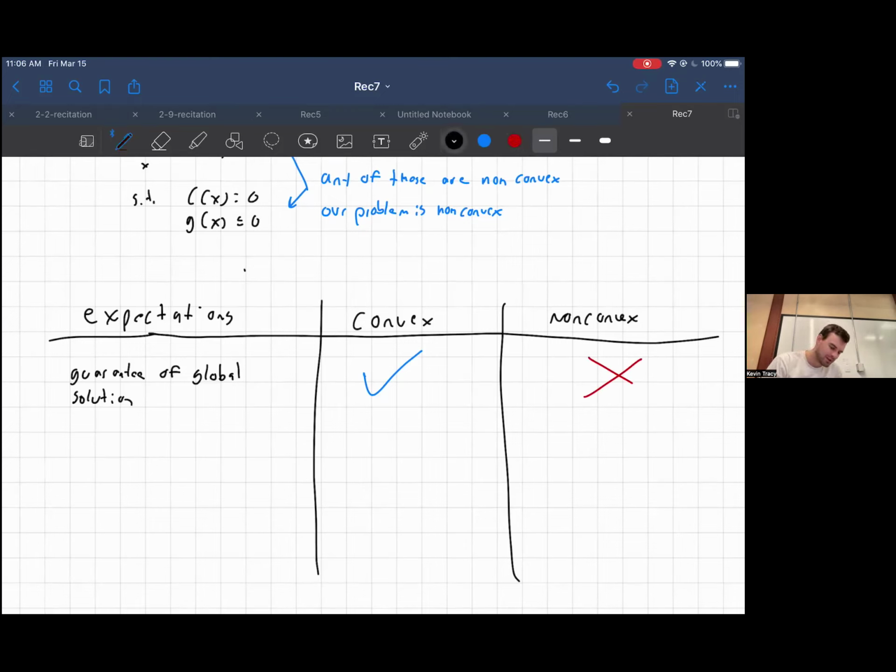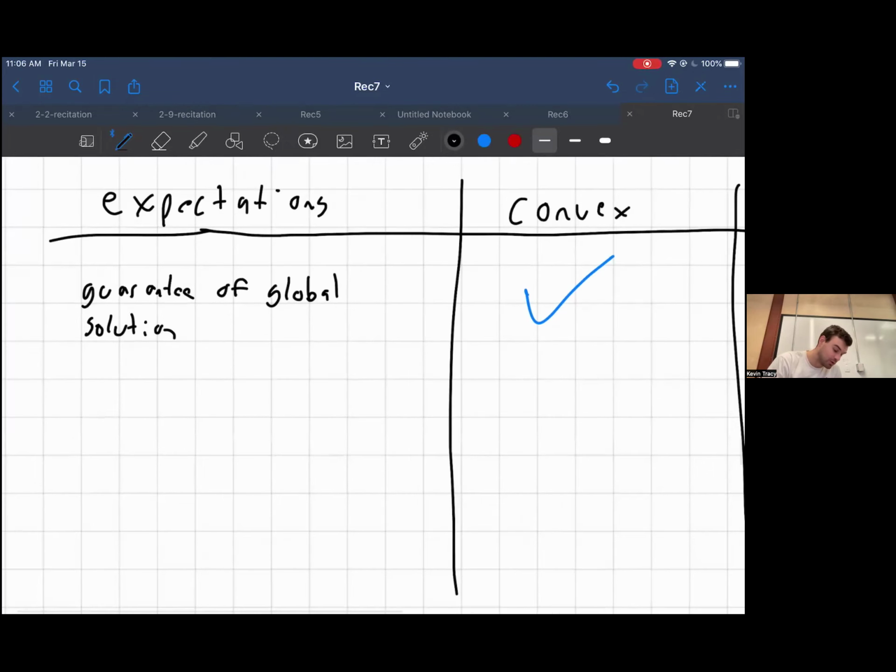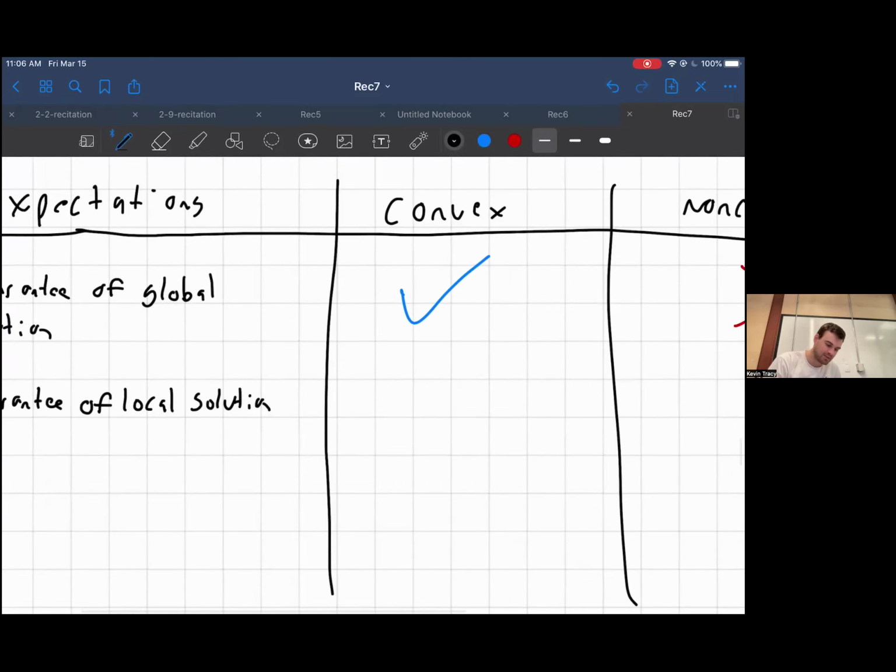So let's go to something a little weaker: a guarantee of a local solution. Again, for convex problems, any local minimum is a global minimum.